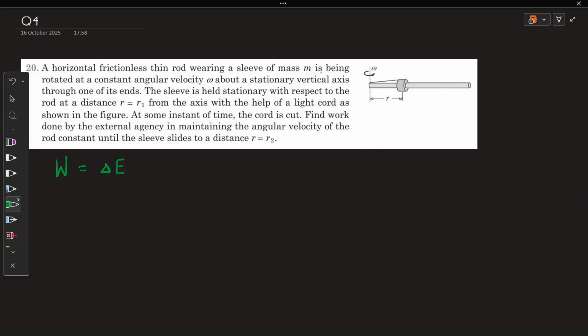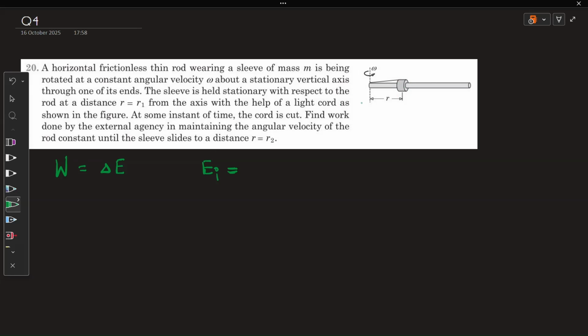Okay, so let's calculate. This is frictionless, so we don't have friction, which converts the whole mechanical energy into heat. Let's calculate the initial energy. Let's consider the mass as m, and as omega is not changing, the kinetic energy of the rod is not changing, so we are not going to consider the whole system.